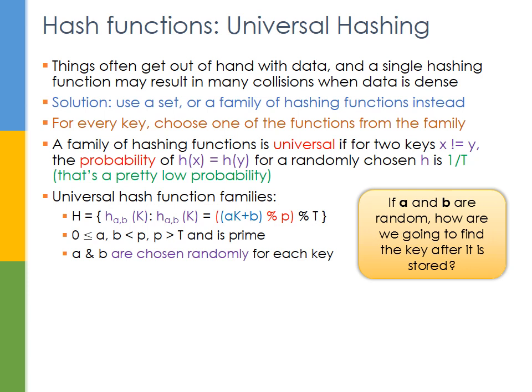So what if I use the key itself as a seed for the random number generator? Before I generate a and b, I take this random number generator, seed it with k, and take the first two random numbers that it spits out.